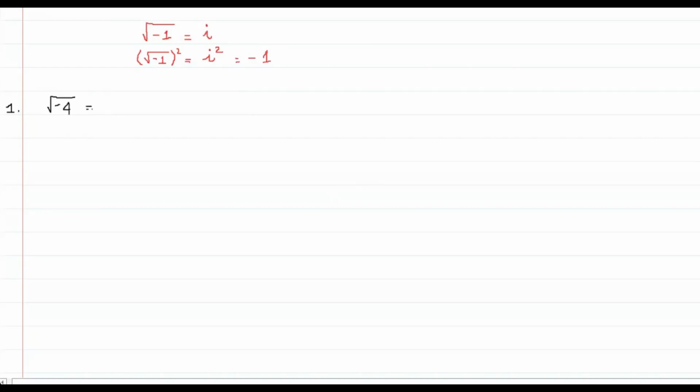That will be equal to the square root of 4, which is 2, right? And then multiply by the square root of -1. That gives us 2i.